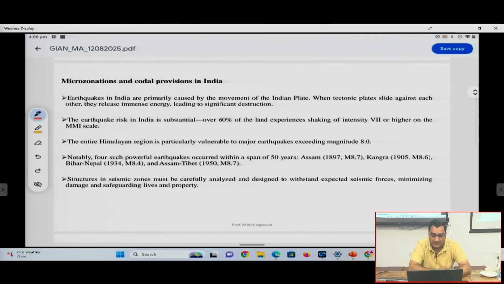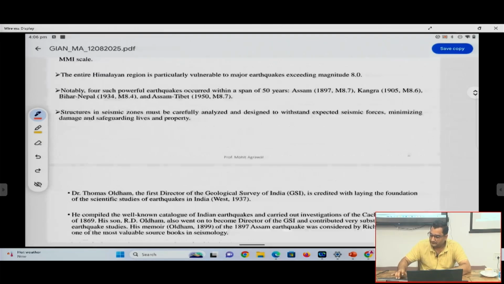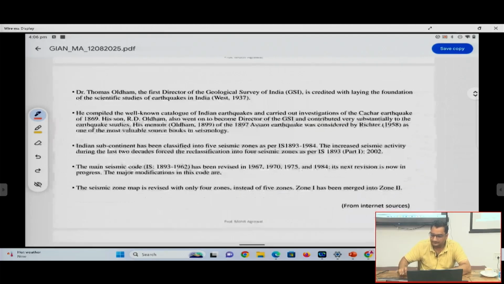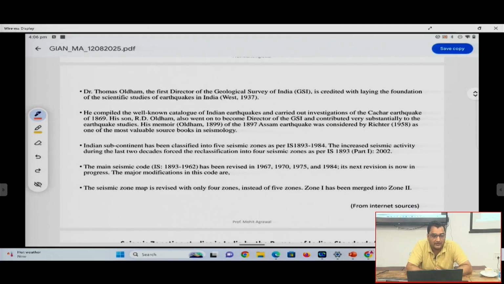Okay, now Dr. Thomas Oldham, who was the first director of the Geological Survey of India, basically laid the foundation of the scientific studies of earthquakes in India. He compiled a very well-known catalog of Indian earthquakes and carried out an investigation of the Kachar earthquake in 1869.